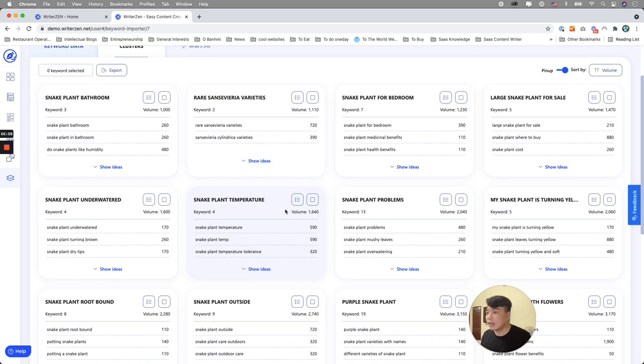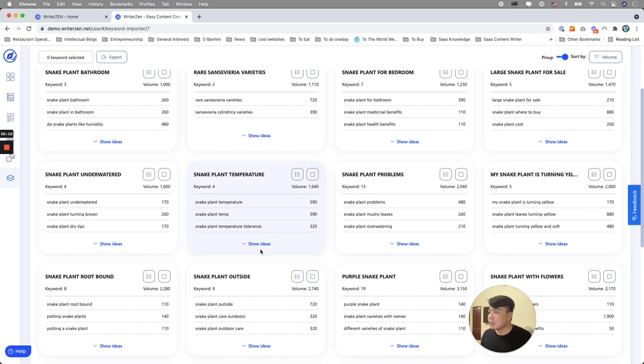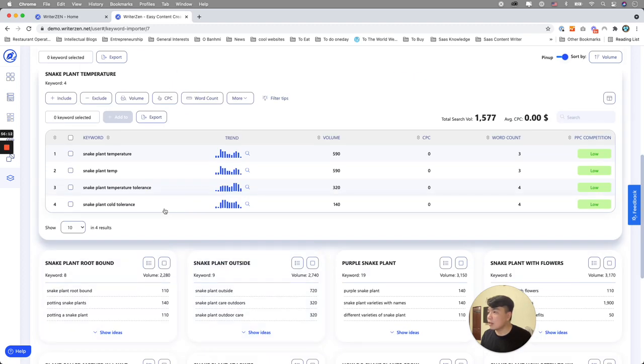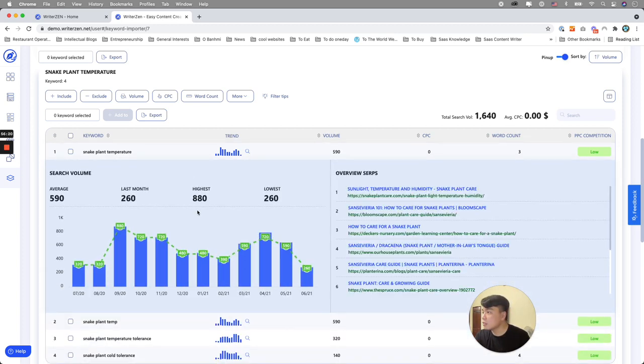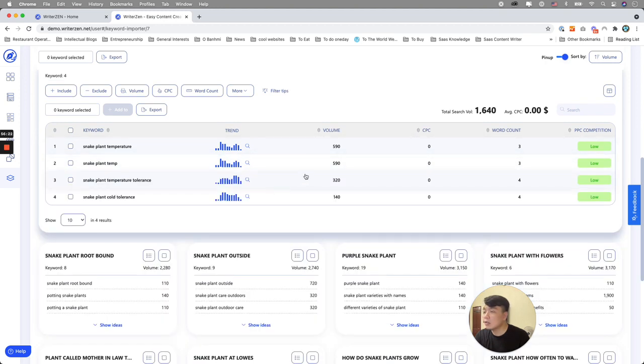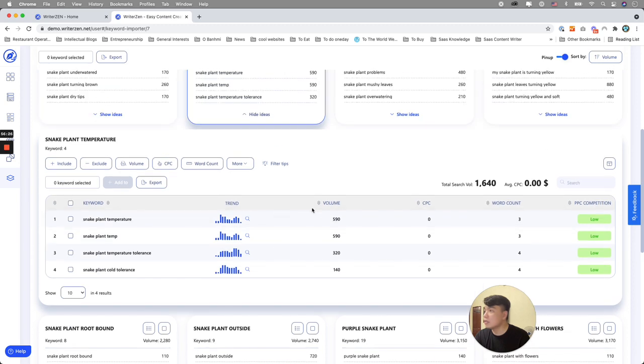Okay, like for example, this one, snake plant temperature. This is a great option, because each of these keywords would have a very similar range of volumes, and also it has similar range. The total volume is quite high, 1,640.